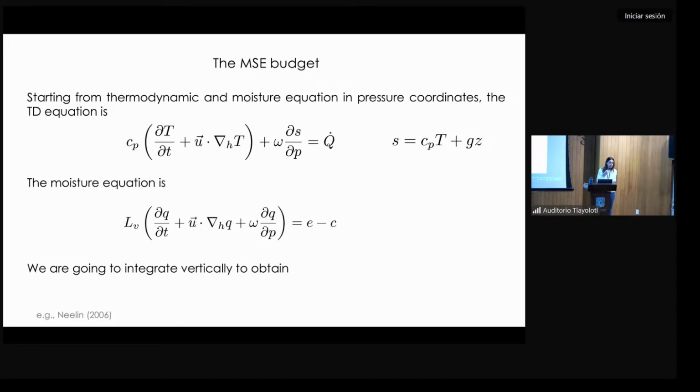In fact, I want to mention it in the next few slides, if I'm allowed. But I think it's important to emphasize, to make sure that people don't think of the upward branch of the Hadley cell as being some kind of general upward motion.